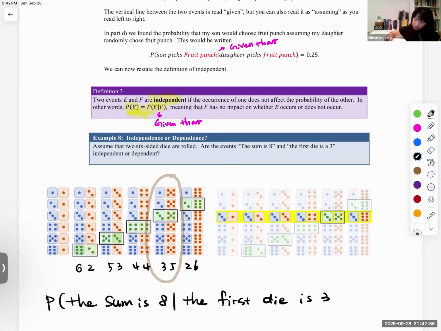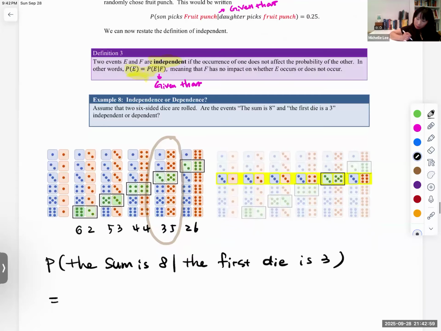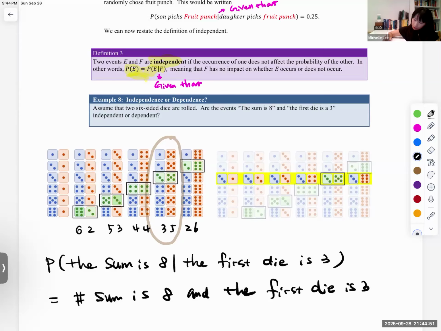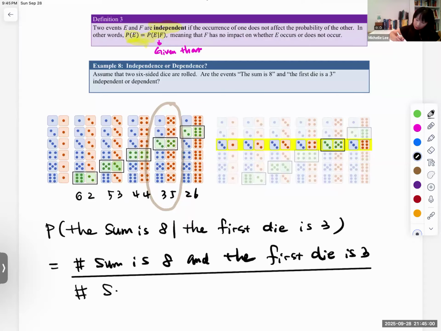Then there will be the number of outcomes where the sum is 8 and the first die is 3, divided by the number of the sample space.